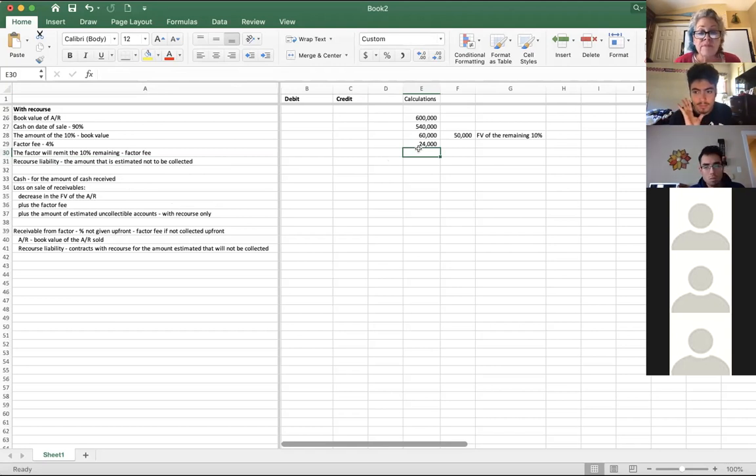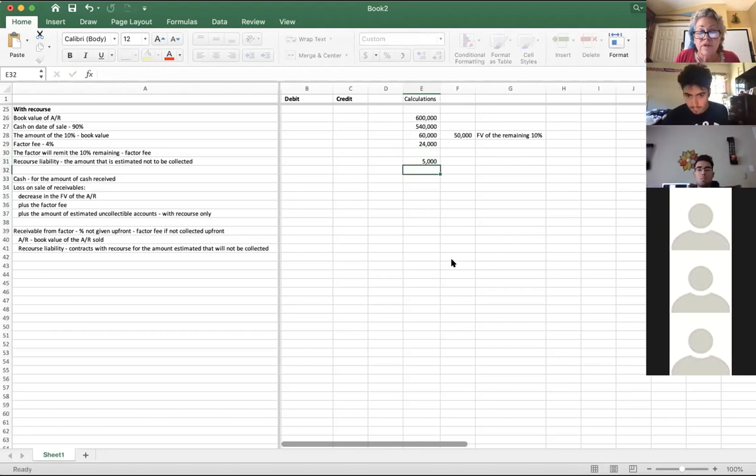What did they expect the recourse obligation will be? Because this is with recourse. 5,000. Good, 5,000. That's a given. So they expect not to collect $5,000.